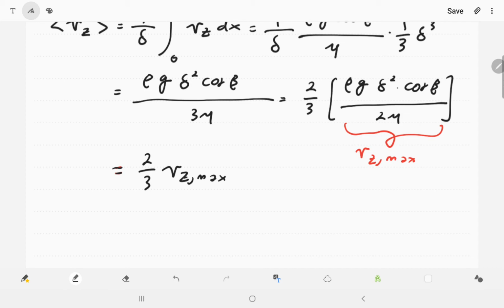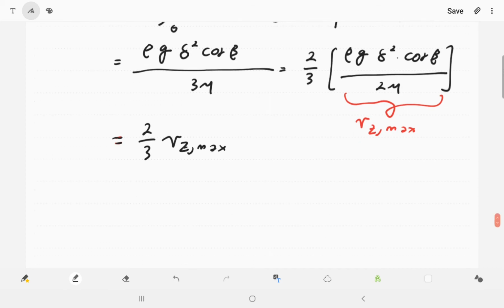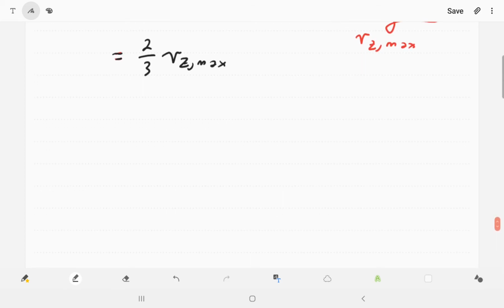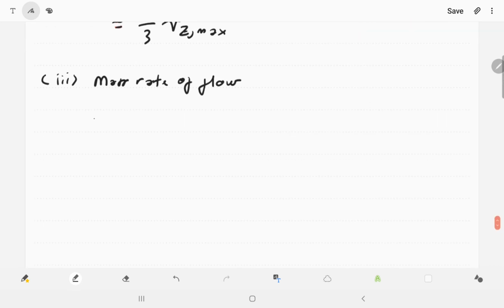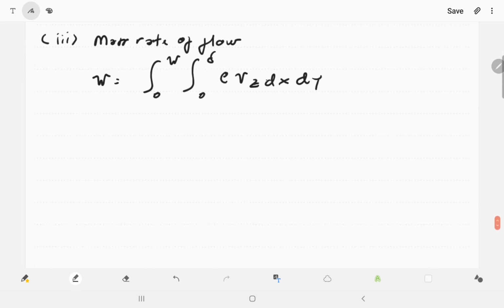Okay, so the other quantity of interest is the mass rate of flow. So the mass rate of flow is the integral from 0 to W, integral from 0 to the film thickness, of rho Vz dx dy.